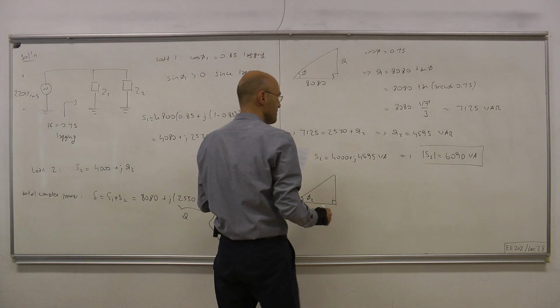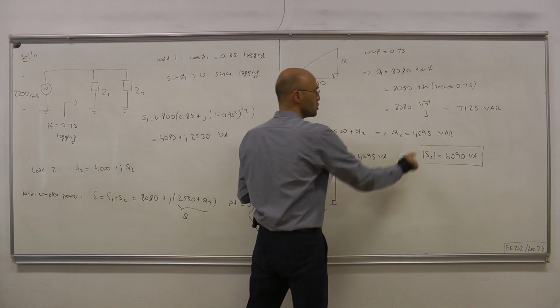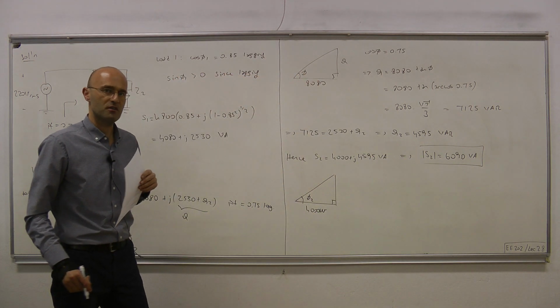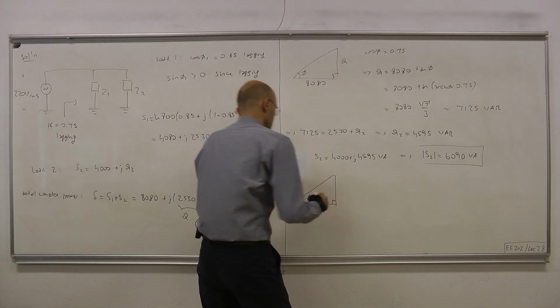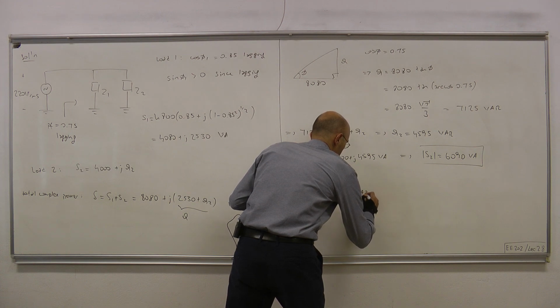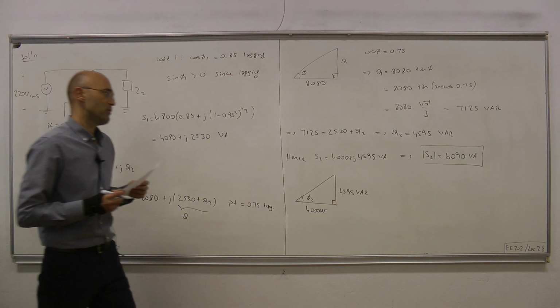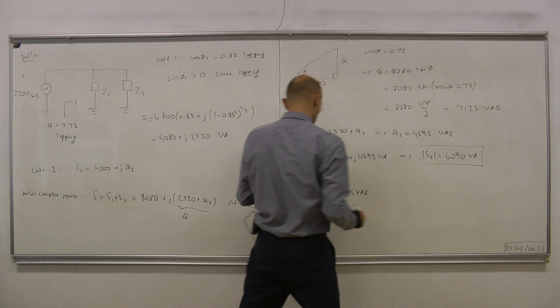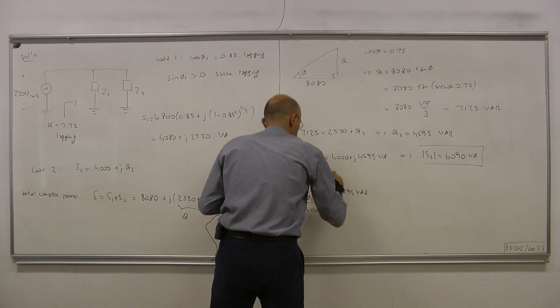The vertical side, which we draw upward because Q2 turned out to be positive (positive means upward, negative means downward), is 4595 volt amp reactive, and the hypotenuse represents the apparent power, which is this number here, 6090 volt amps.